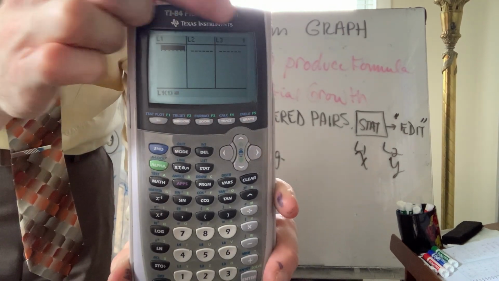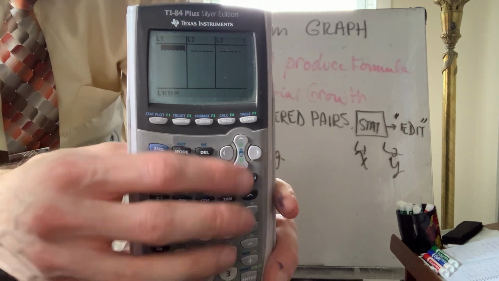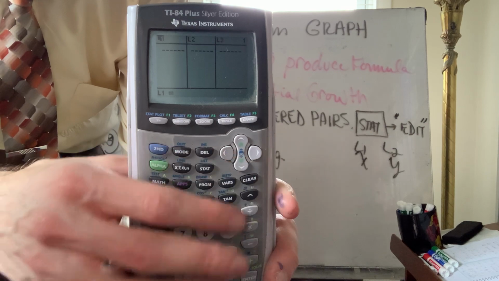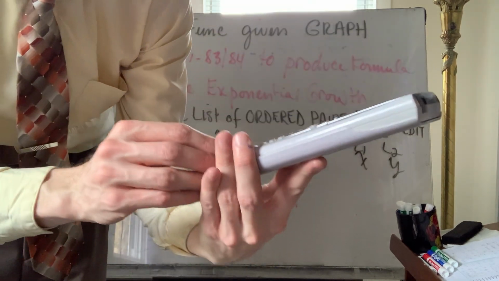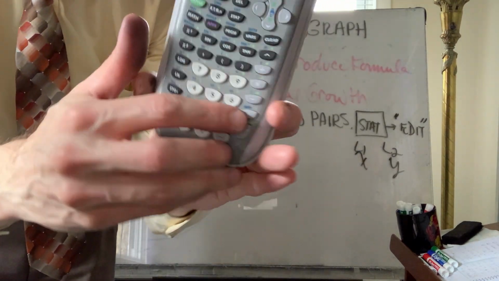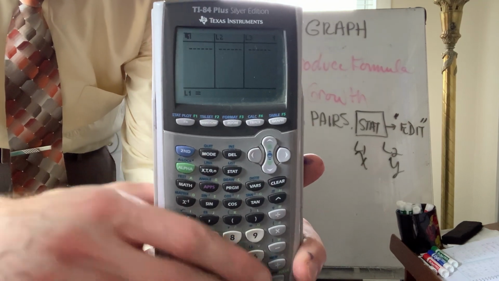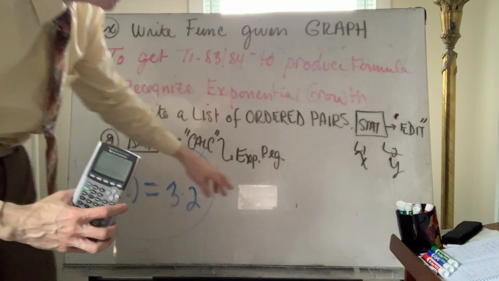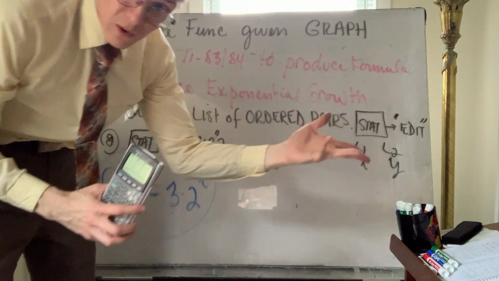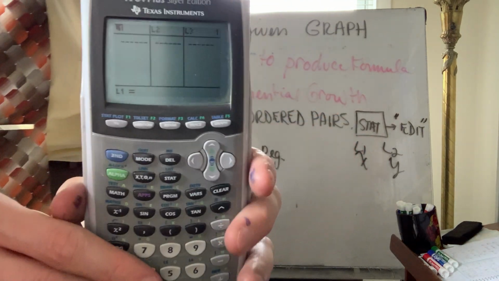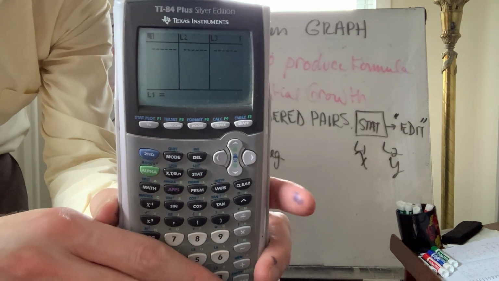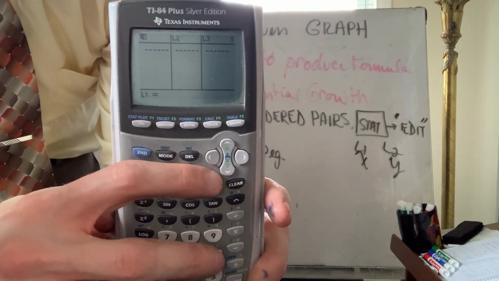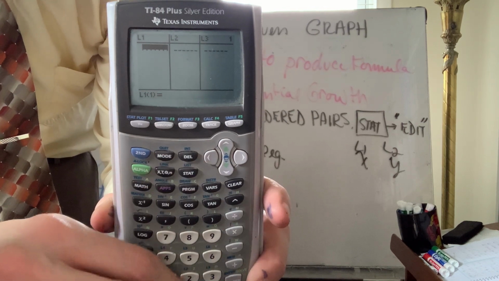Assuming they're empty, you could always just move the cursor up there and then press Clear and then Enter, and it will clear it out. Or you can go through Second and then Mem, which is the plus key here, to clear all lists. Anyhow, you want this to be empty, and make List 1 your X's and List 2 your Y's. And then use the coordinates that you have. Now, in that last problem, it was 0, 3. So if this is x's, the first thing would be a 0, naturally.